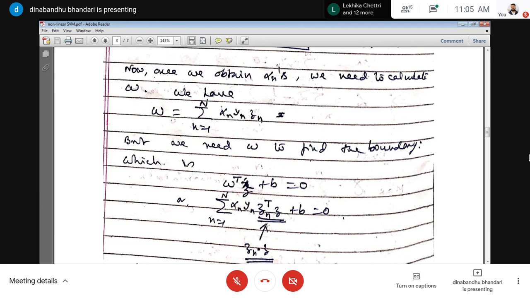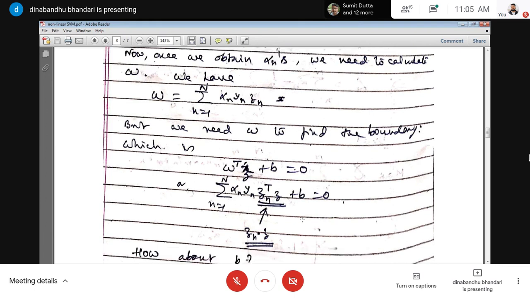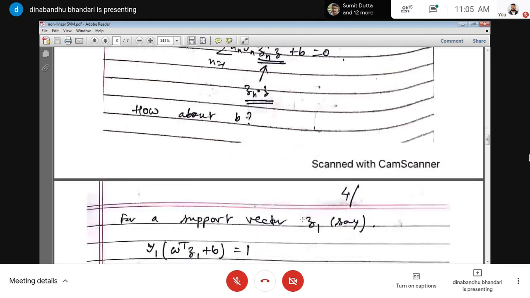In fact, to find out the class of the unknown point, we do not need the explicit value of W; we can calculate the dot product of the unknown vector with the support vectors. How about this B? Will it spoil things?